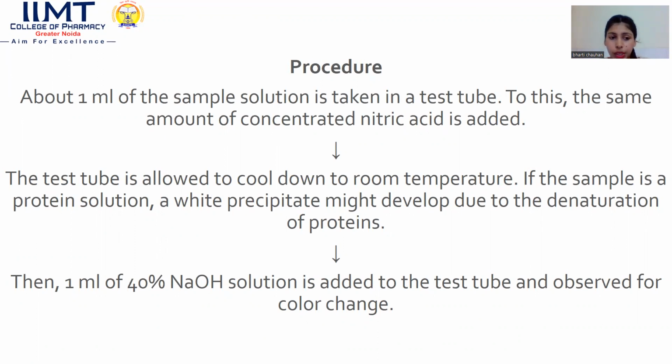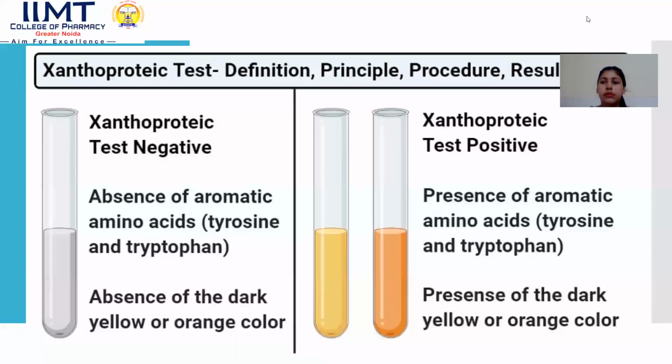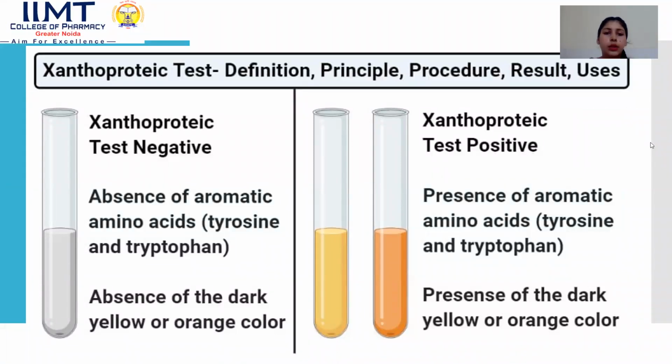If the sample is protein solution, a white precipitate might develop due to denaturation of protein. Then 1 ml of 40% NaOH solution is added to the mixture. So, this is the xanthoproteic test: definition, principle, procedure, result.